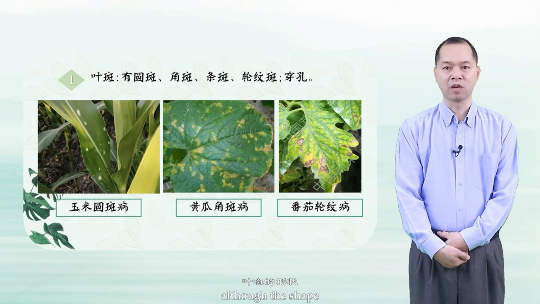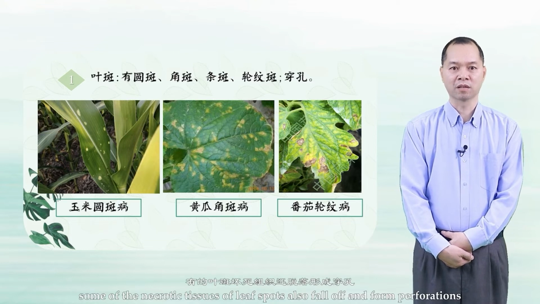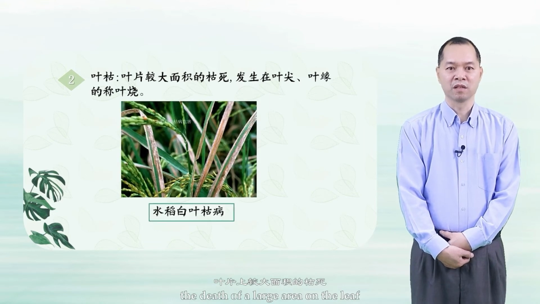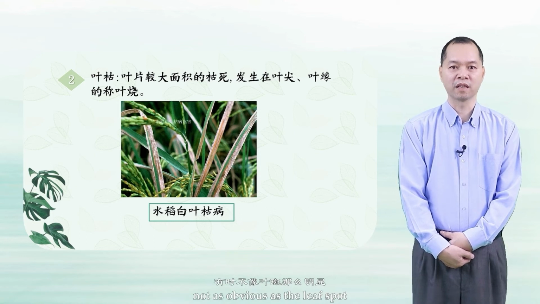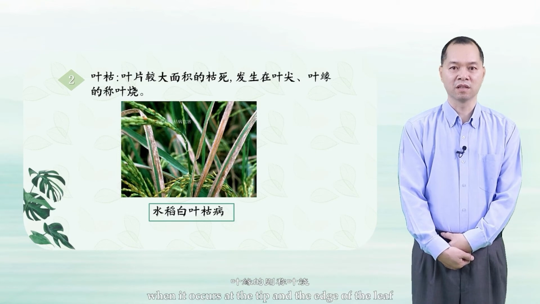Although the shape, size, and color of leaf spots are different, the outline is relatively clear. Some of the necrotic tissues of leaf spots also fall off and form perforations. Leaf blight refers to the death of a large area on the leaf. The outline of the dead part is sometimes not as obvious as the leaf spot. It is called leaf burn when it occurs at the tip and the edge of the leaf.